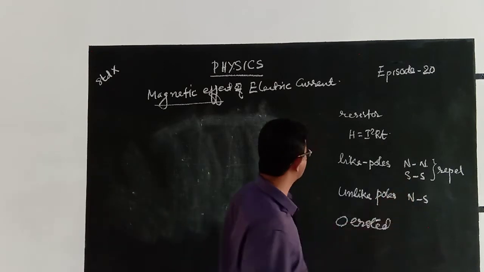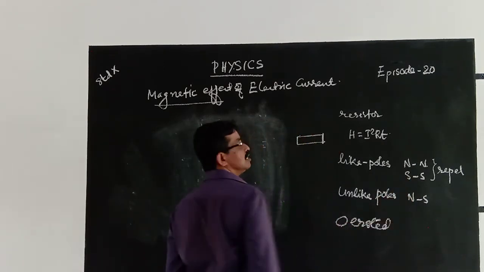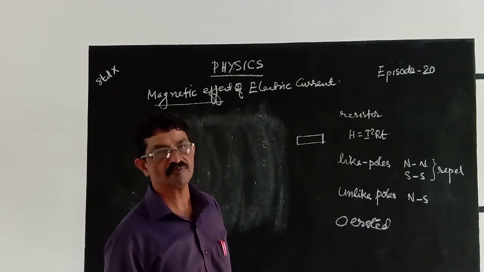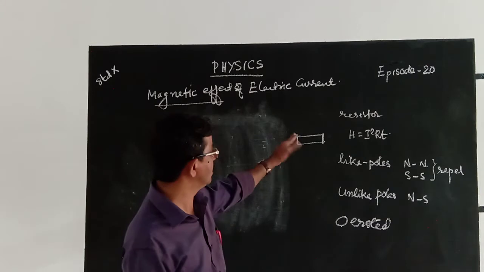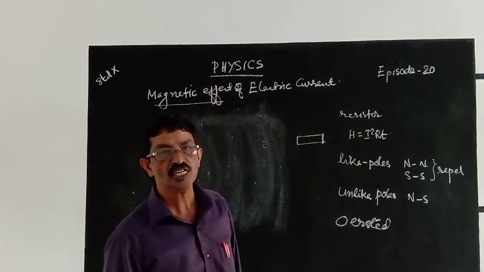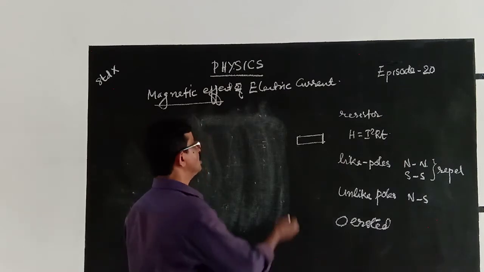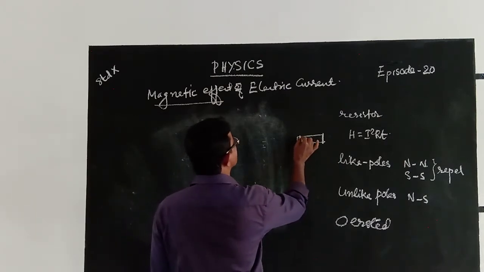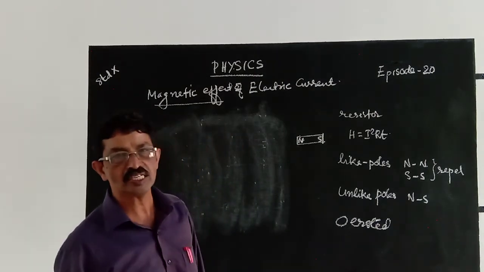For a bar magnet, if it can move freely, then it is directed towards the north and south direction. The end which points towards north is called north and the other end is south.